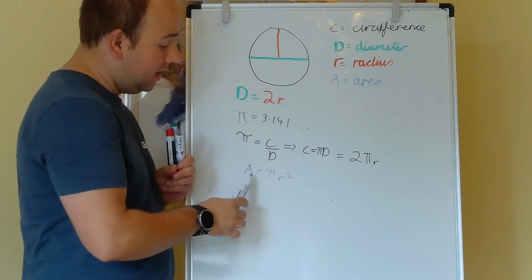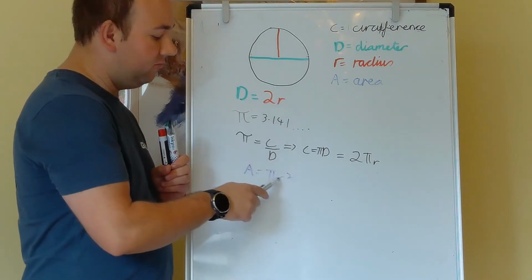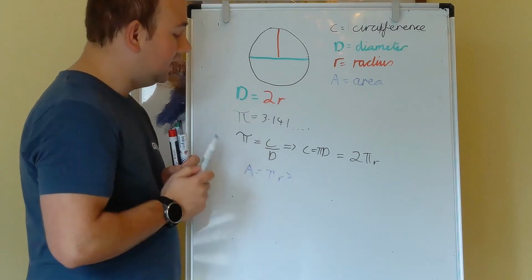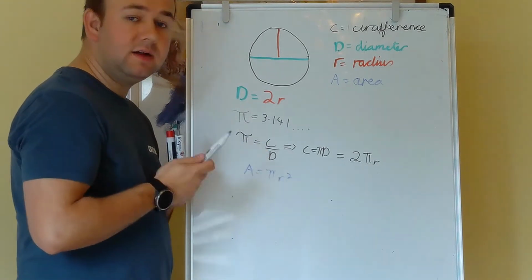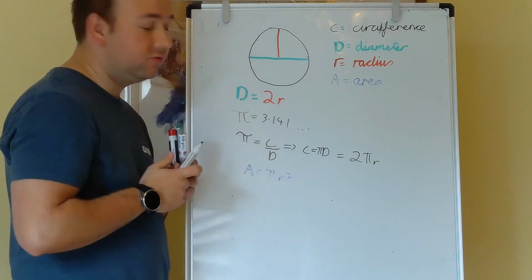If you want to find the area of a circle, you multiply pi by the radius and then multiply by the radius again. So r times r is r squared. If you can remember that formula, that's great. If you're happy with that, again, that's great.